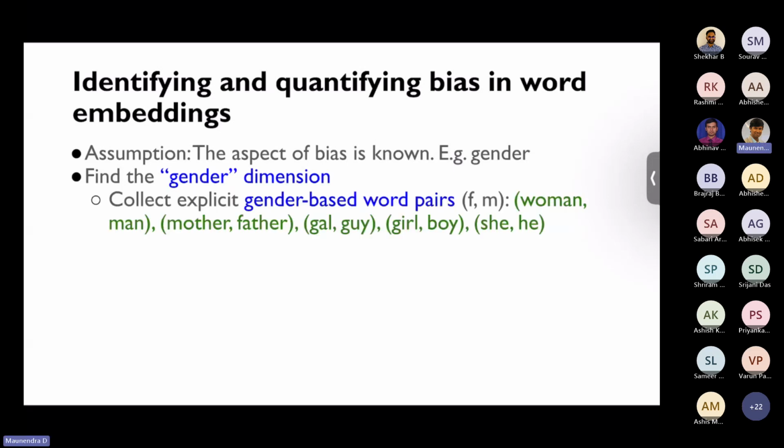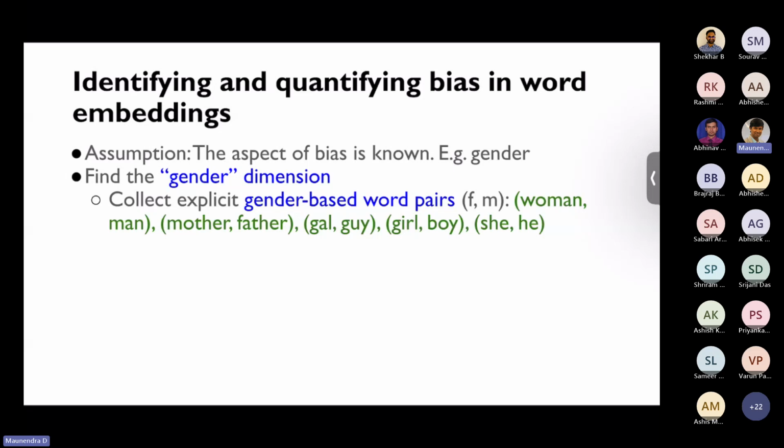How to do that? We collect explicit gender-based word pairs. It's our assumption that we know the aspect for which we are debiasing, say gender here. So we ask crowd workers to give us gender-based word pairs, female-male pairs like woman, man; mother, father; girl, guy; and so on.